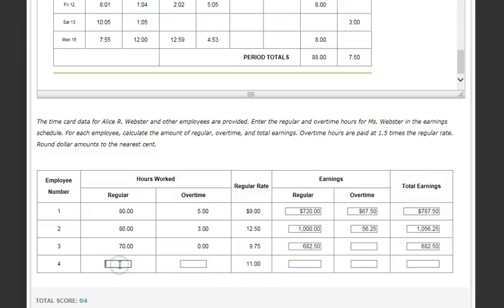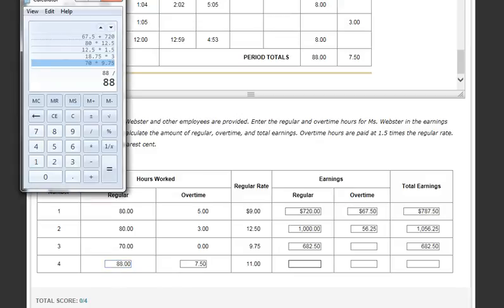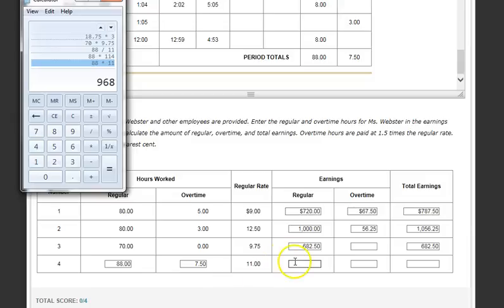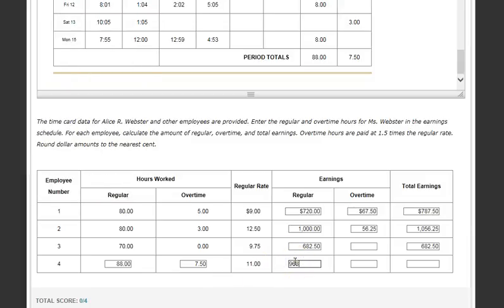And then our employee, she worked 88 hours regular time, 7.5 hours overtime. So 88, $11 an hour. Wrong math. Oh my goodness. 88 times $11 an hour is $968.